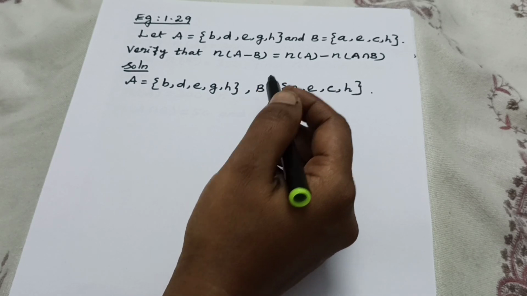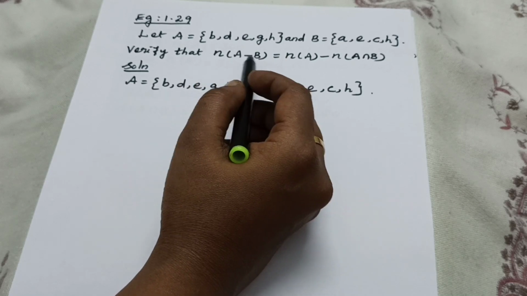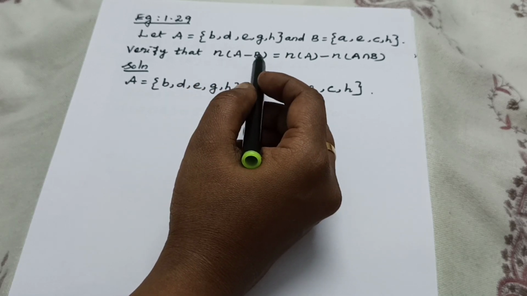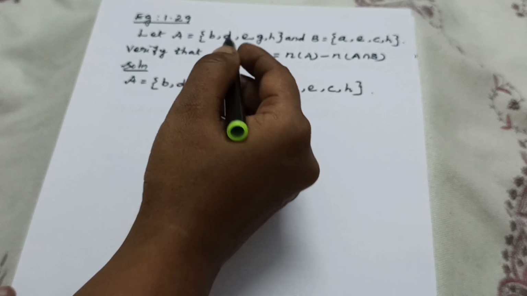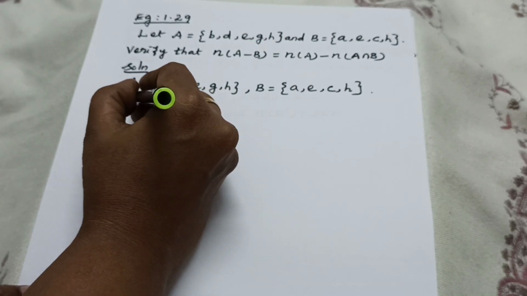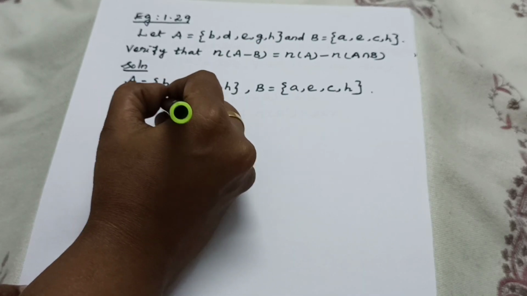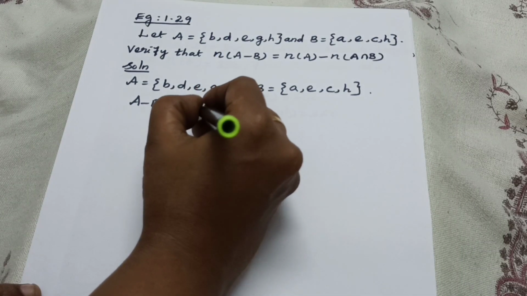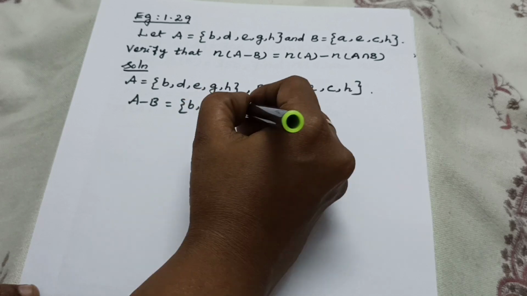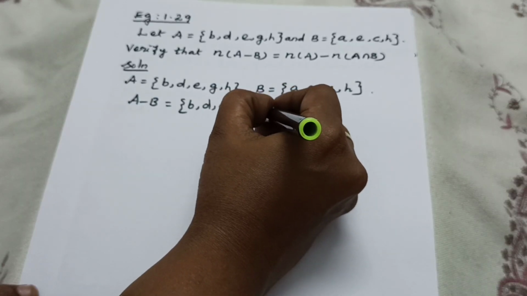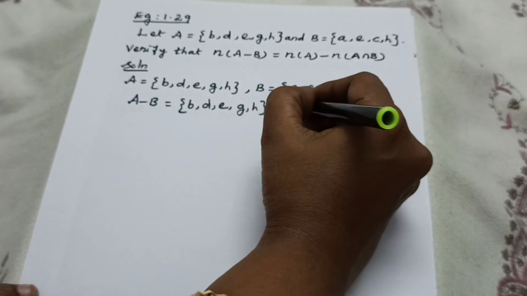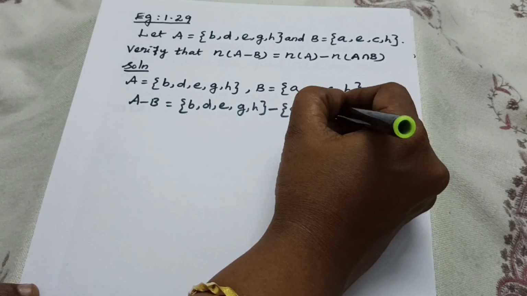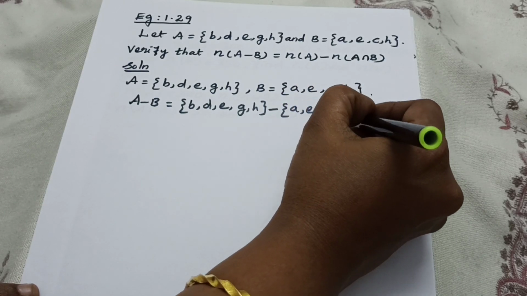Then from here we have to find the left hand side. First you should take n of A minus B. For that, first we have to find A minus B. A set is B, D, E, G, H. Then minus B set, A, E, C, H.